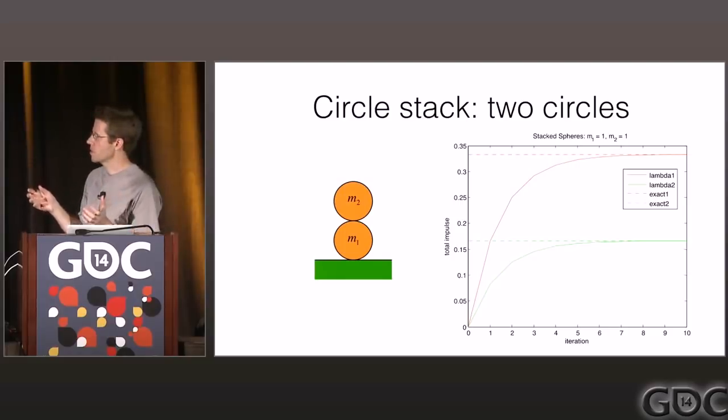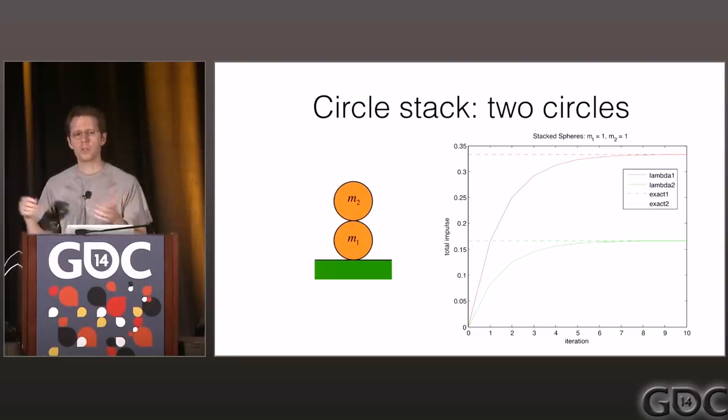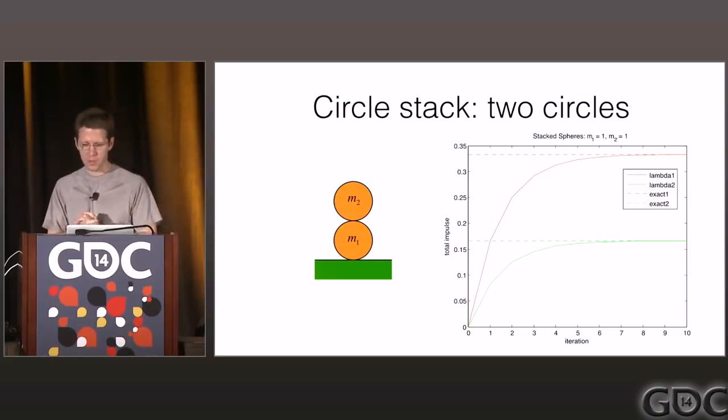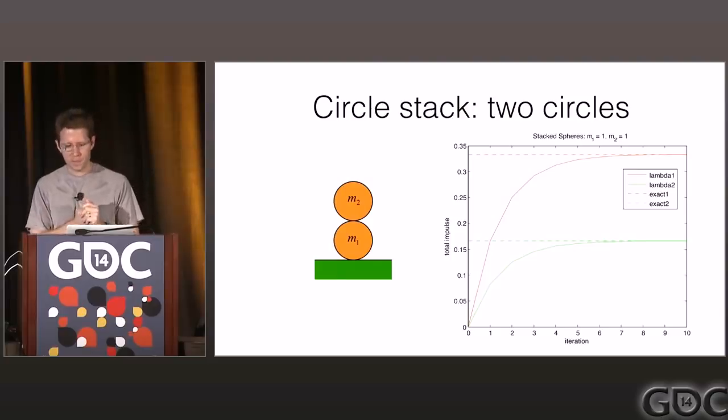If I go to more circles, things get more interesting. I created a MATLAB script that runs the sequential impulses algorithm. You can get that script and some other scripts when you download this presentation later from box2d.org, and you can run these scripts in a free software called Octave.